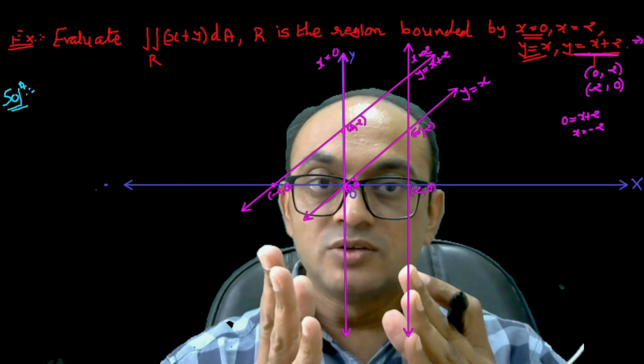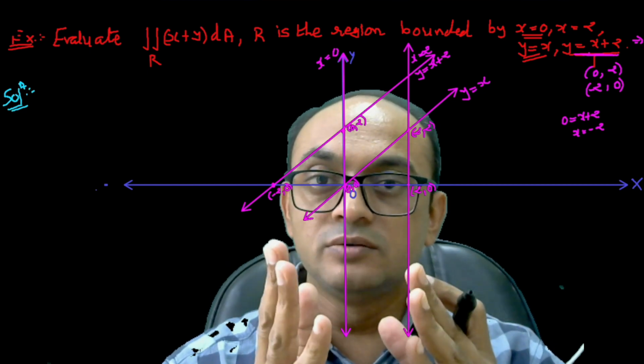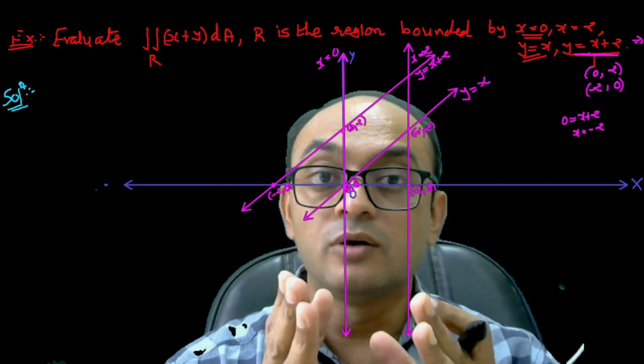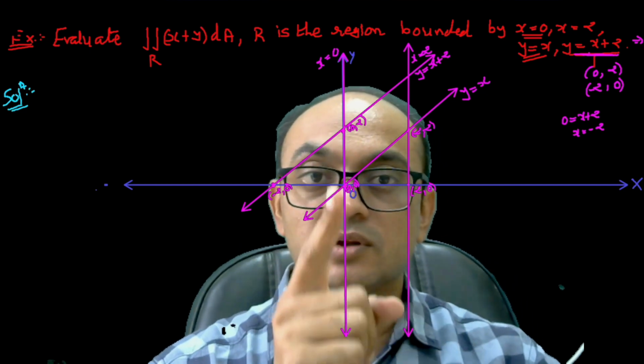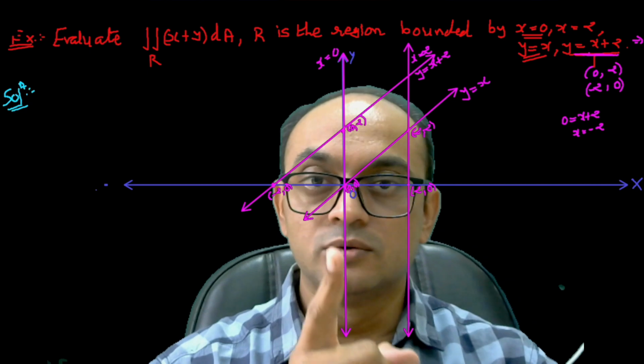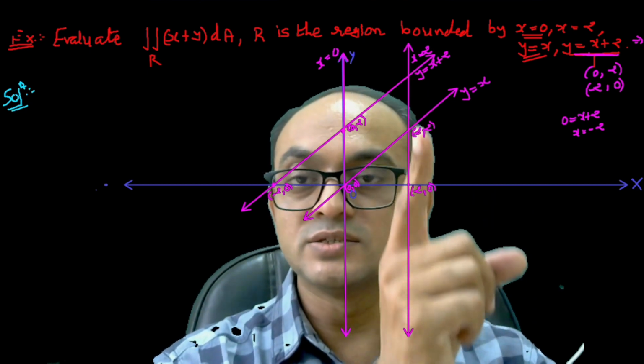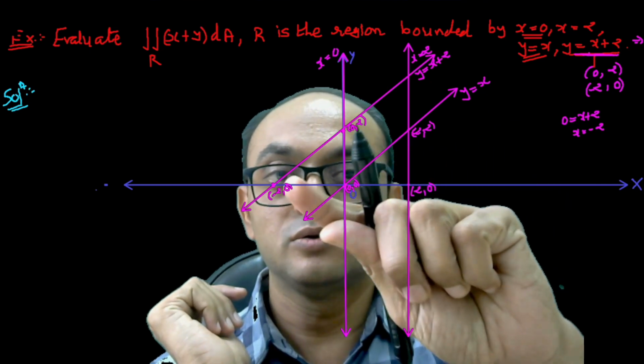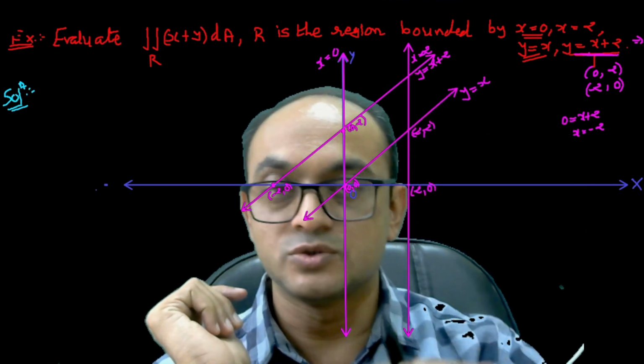So the first task is over. We need to mention all the curves which have been given. Now again I repeat, which are the curves? The first curve x is equal to 0, the other curve x is equal to 2, the line y is equal to x, and the line y is equal to x plus 2.